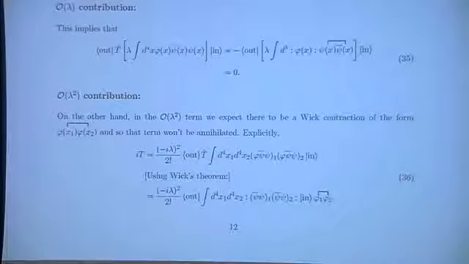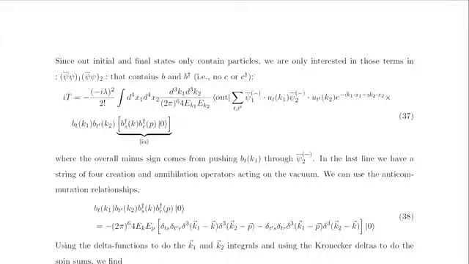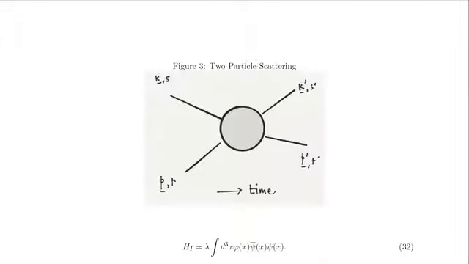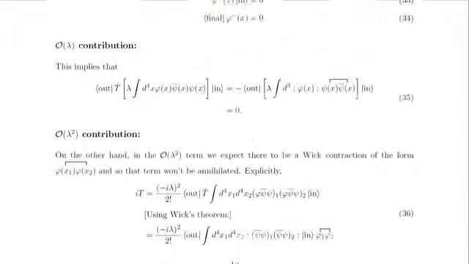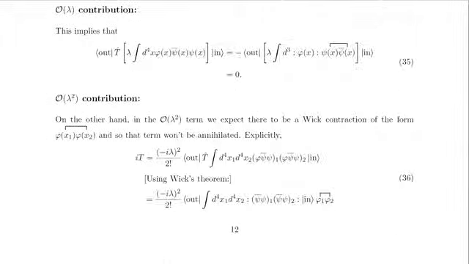Okay, so now what I've done is that, right, now these guys, psi and psi bar, have B daggers, B, C daggers, and C in them, right?